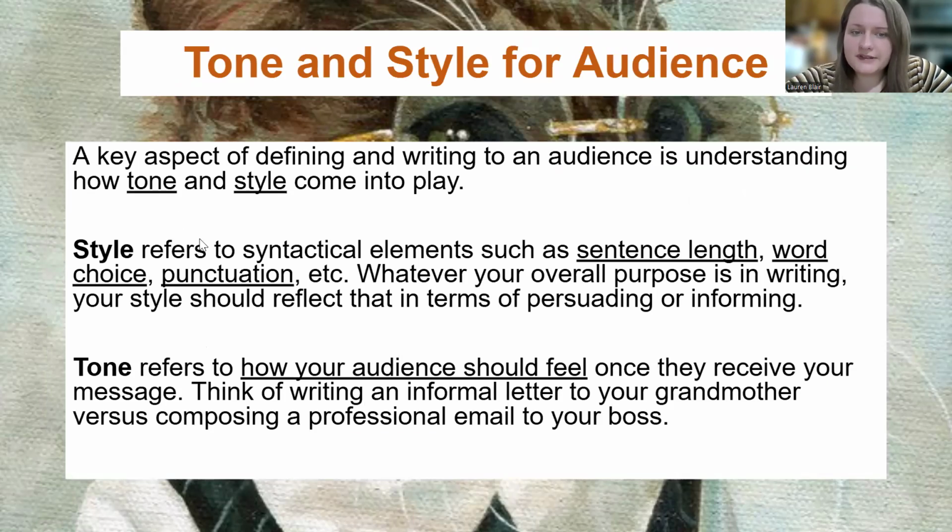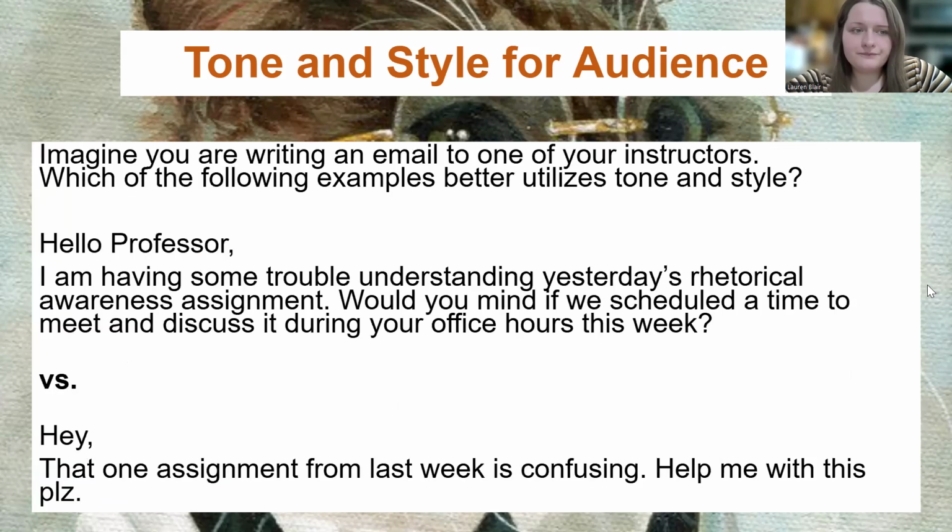You also want to be aware of style and tone. Style are the more syntactical elements like sentence length and word choice and punctuation, and you want it to fit your purpose. Tone is how your audience should feel once they receive your message. Think of writing an informal letter to your grandmother versus a professional email to your boss. You are aware of what they need.